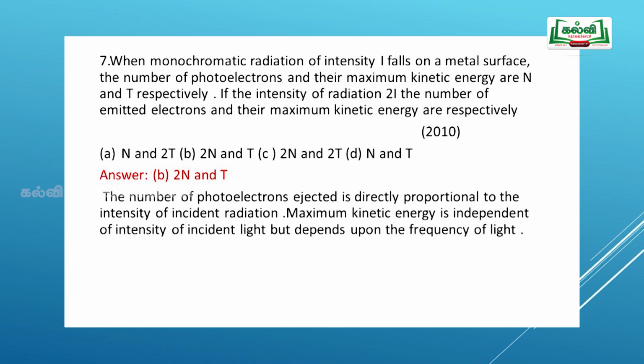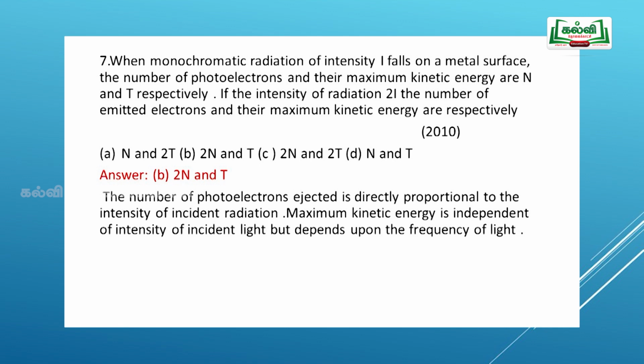Here, intensity I falls on a metal surface, maximum kinetic energy is T and the number of photoelectrons is N. As we all know, the intensity is directly proportional to the number of photoelectrons emitted, but the maximum kinetic energy does not depend upon the intensity.